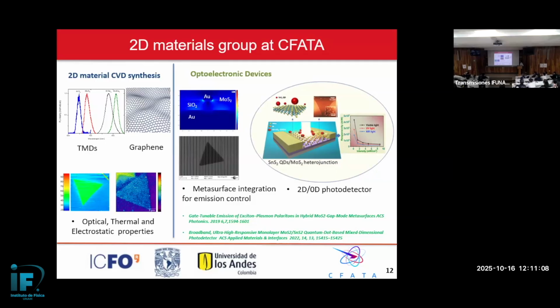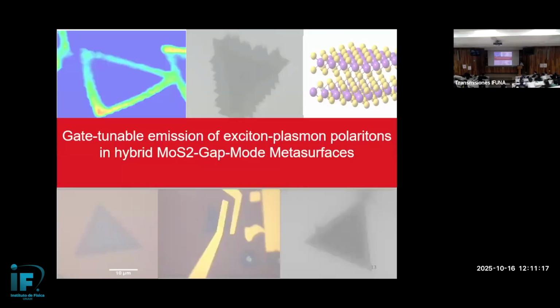And as I mentioned, I will explain a little bit about a new kind of 2D materials that we are able to grow in the group. Okay, so let's start with the first demonstrations. In this work, what we did was to control the PL emission of a single layer of molybdenum disulfide using metallic metasurfaces.